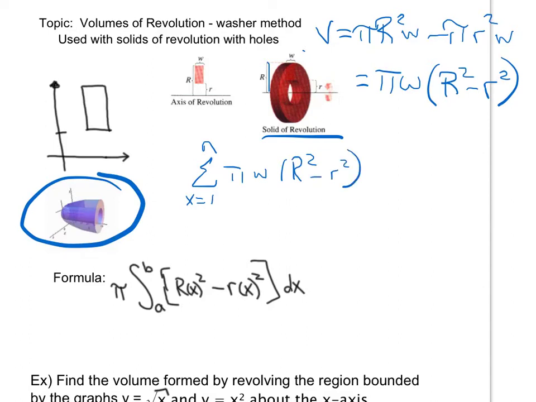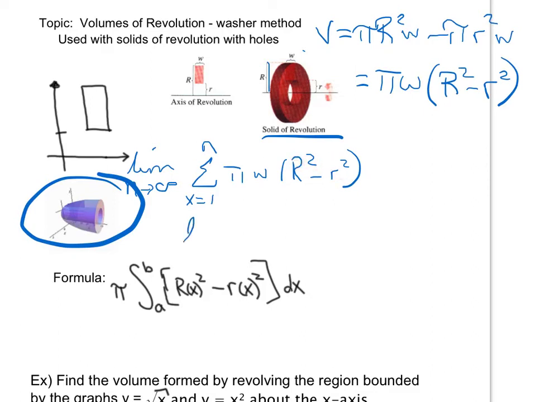And I'm going to get as many washers as I can. In fact, I want to take the limit as my number of washers approaches infinity. And now what is R squared representative of? Well, isn't it my function? Because isn't it the distance from the middle up to the top of my curve? So I'm going to go ahead and replace this with my function and replace this with my other function.